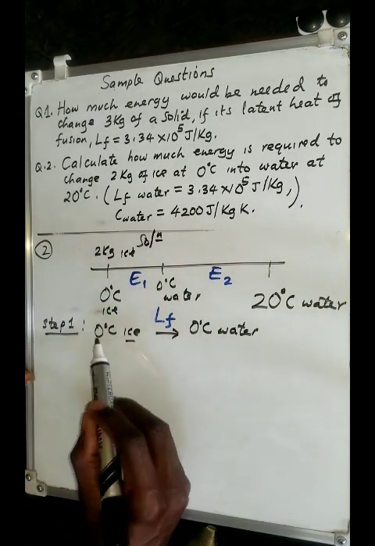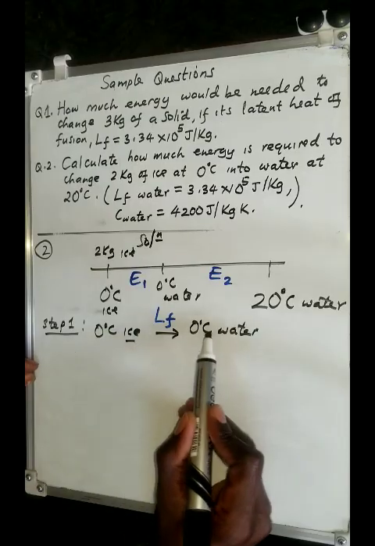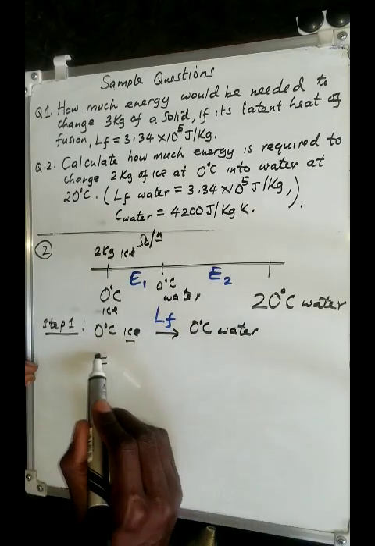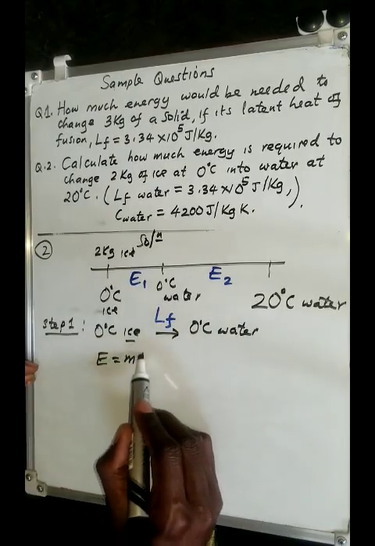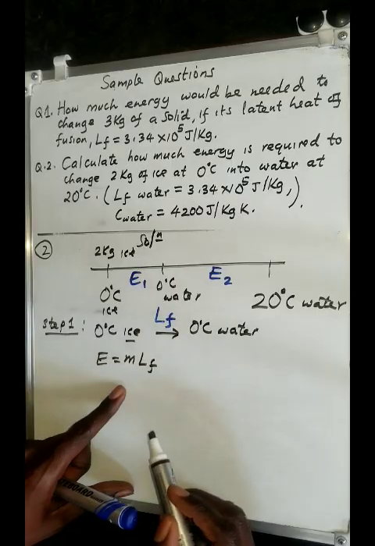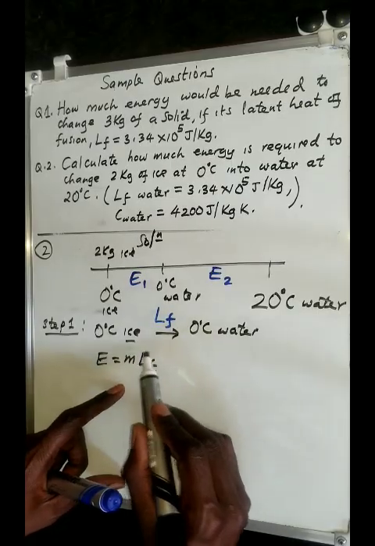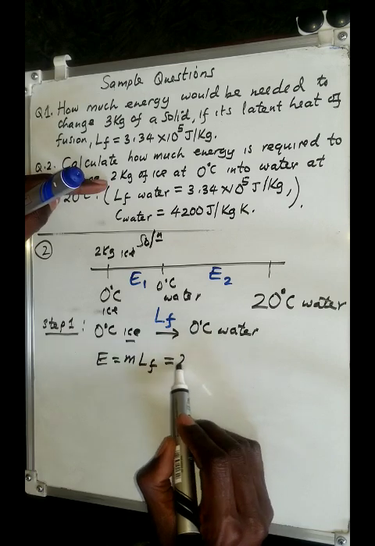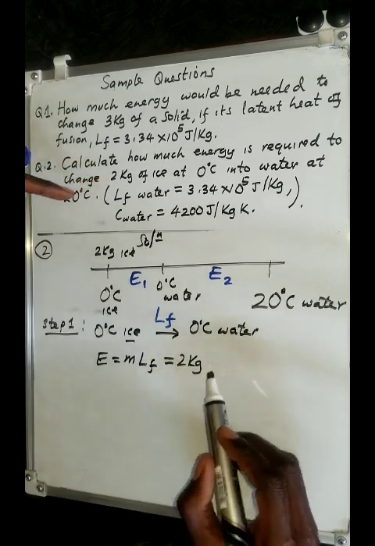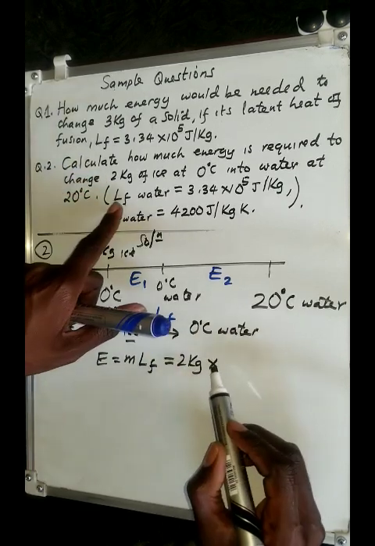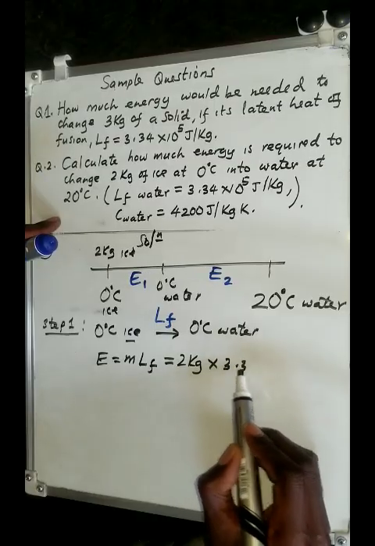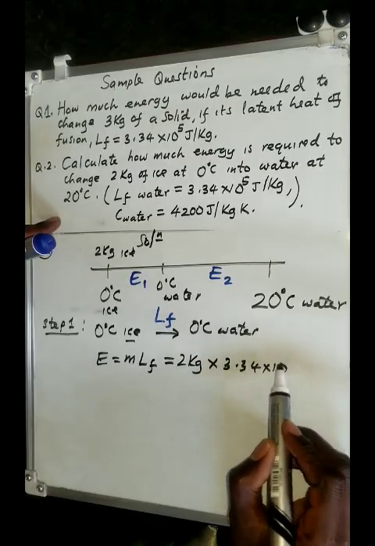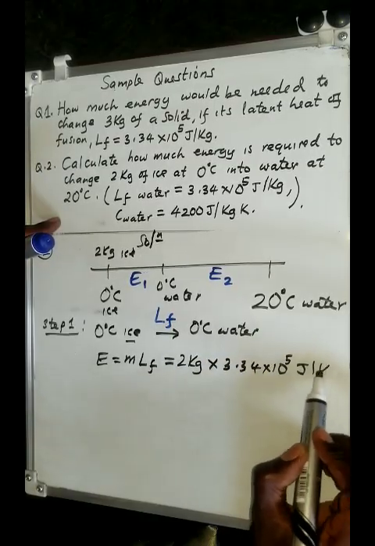So in this case, to change 0 degrees of ice to 0 degrees of water, energy will be equal to mass multiplied by specific latent heat of fusion. So what is the mass? Remember, in this case, the second question, it is 2 kg. They have given us the data there, 3.34 times 10 raised to the power 5, that is joules per kg.